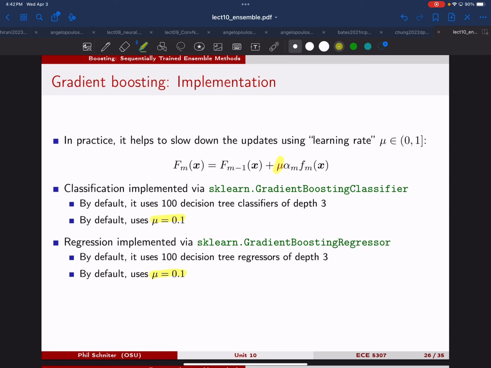You could use another value, but that's the default. Another interesting thing is that, as the base classifiers, it uses 100 decision tree classifiers at depth 3 for both regression and classification. And everything is implemented in sklearn.